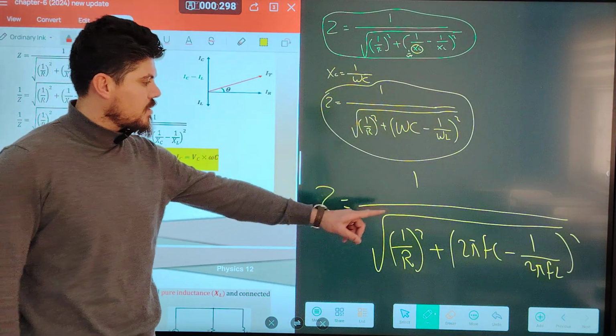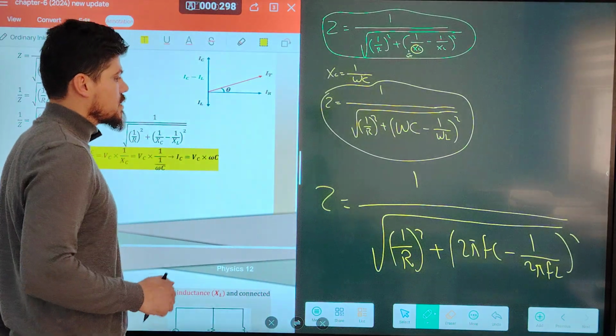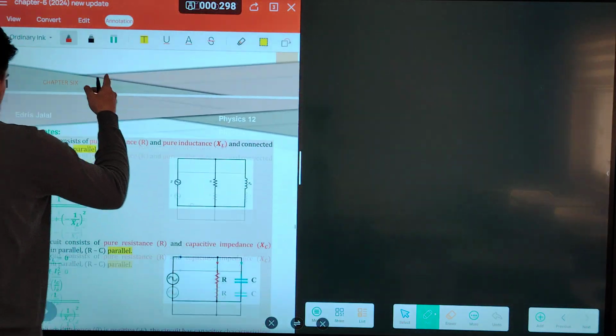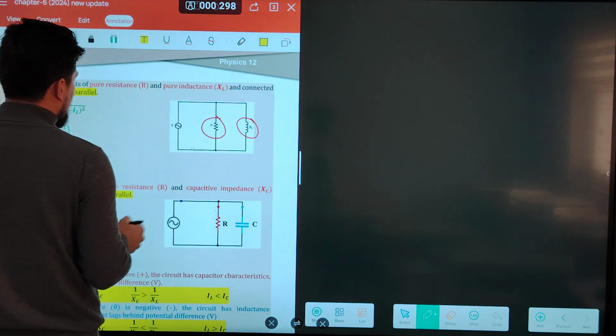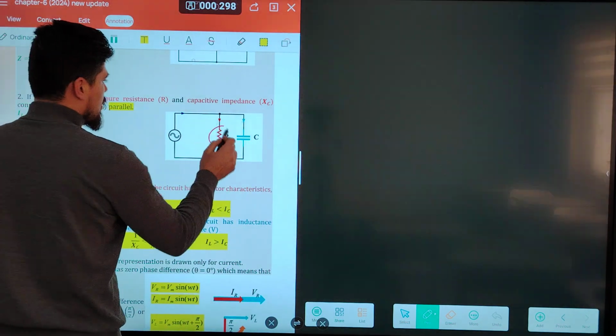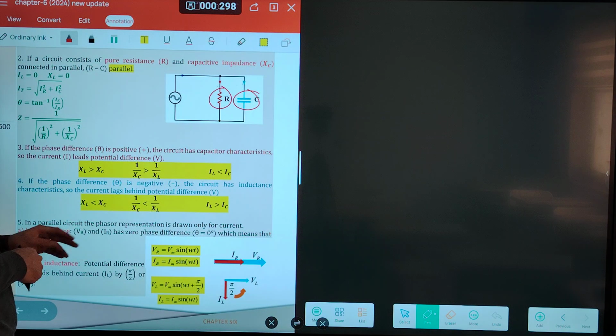You can use this relation when frequency, capacitance, and coefficient of self-inductance are given in the question. As usual, if the circuit consists only of resistance and inductance, you have to remove all IC, XC, and VC. But if the circuit includes only resistance and capacitance, you have to count only the capacitance and the resistance.